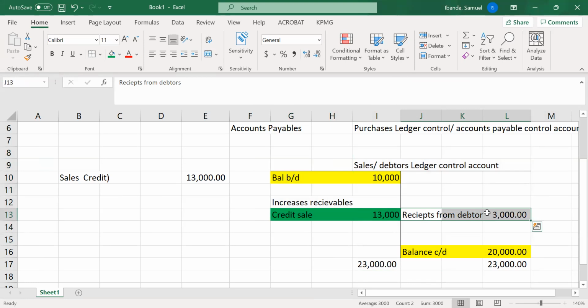There are also even cases where the examiner will give you all this information, even including this, and what you're looking for is actually this balance, the closing balance of your debtors. So you just need to understand the concept of how these so-called contra accounts work. So that is one of the things.